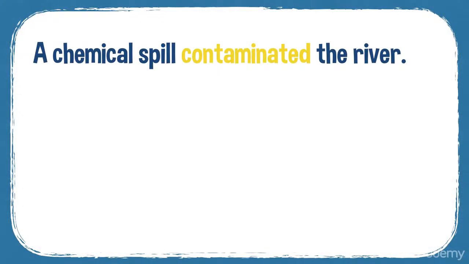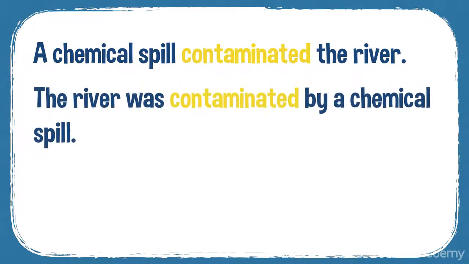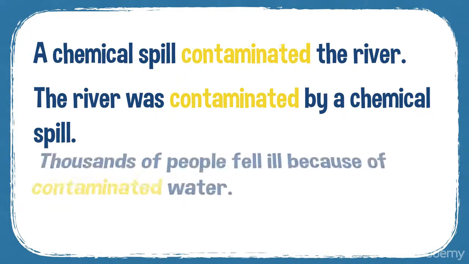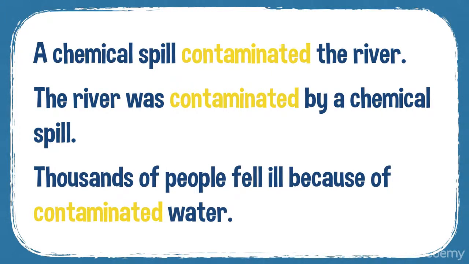So a chemical spill contaminated the river. The river was contaminated by a chemical spill. So here we're using the active in the first sentence and the passive in the second sentence. This next sentence uses the verb as an adjective: thousands of people fell ill because of contaminated water.